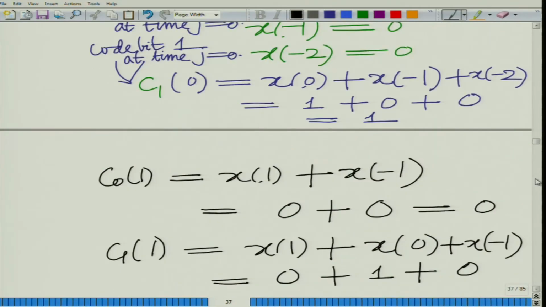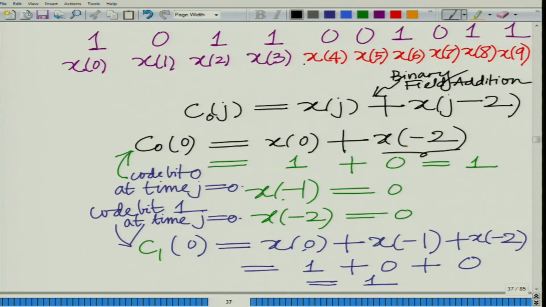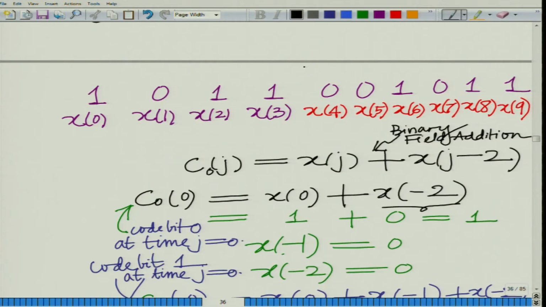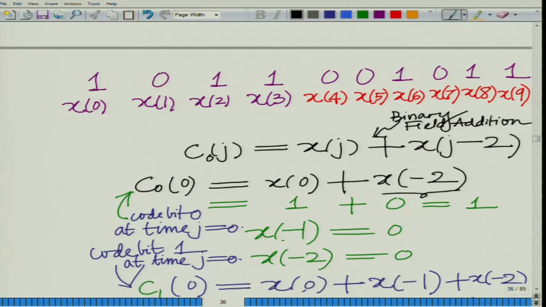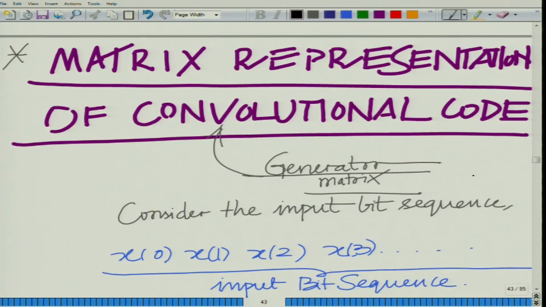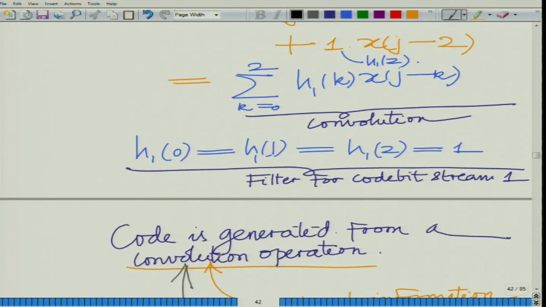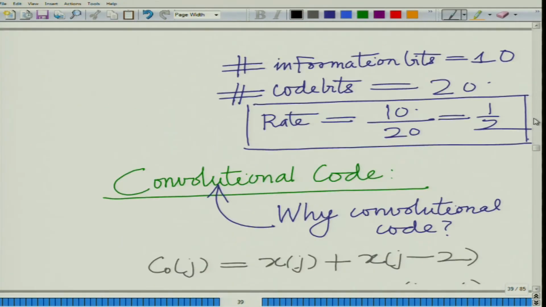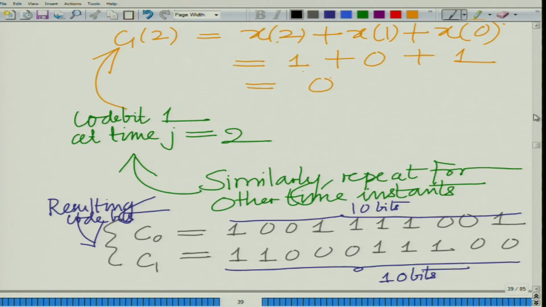Here you will again see the same input sequence, and you can verify that the generated output code bits, C0, is 1 0 0 1 1 1 1 0 0 1. You should be able to check that we have got the same coded output bits.